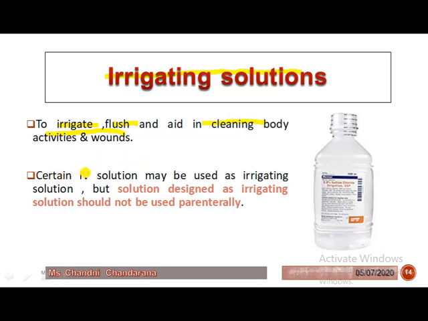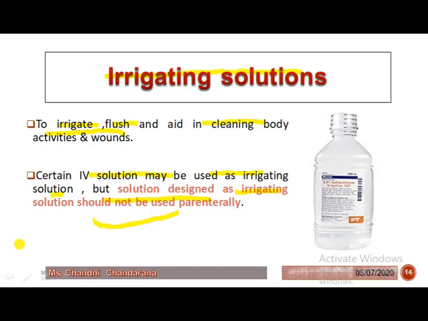Now certain IV solutions may be used as irrigating solutions, but solutions designed as irrigating solutions should not be used parenterally. This is very important. You can use an IV solution as an irrigation solution, but an irrigation solution should not be used parenterally.